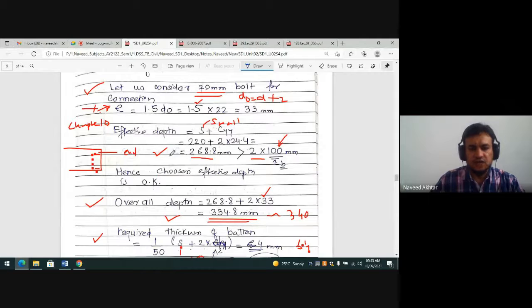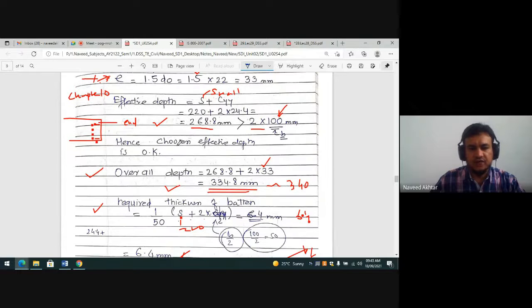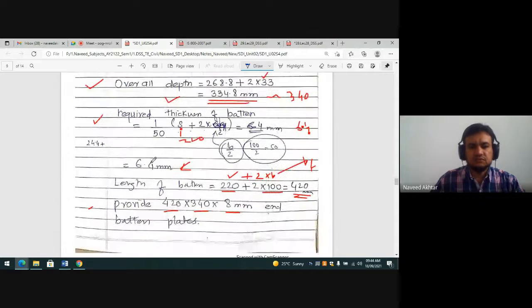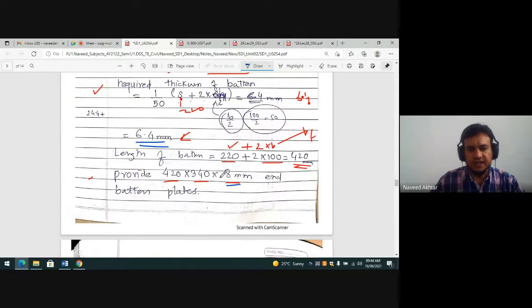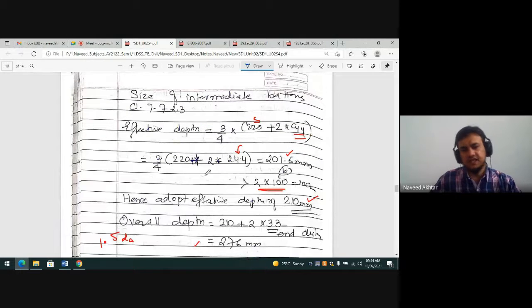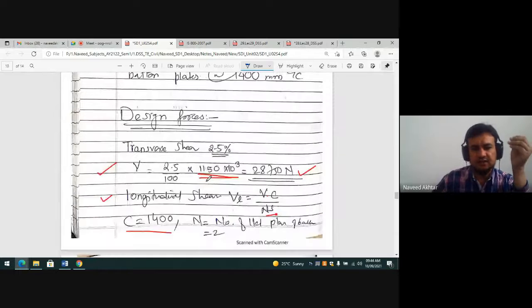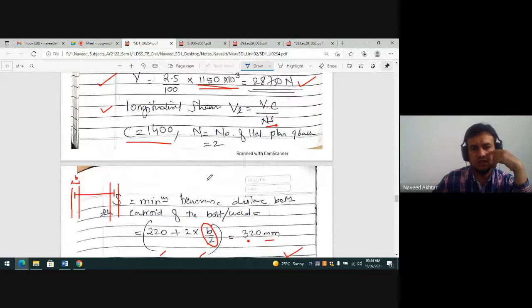And effective depth of batten you can find out, S plus Cyy, it is coming 260, it is greater than 2 times of b for check, and then decide the thickness of batten plate. The thickness is, we have decided 8 mm here. Similarly, we have to design for the end batten, and then design of forces, longitudinal shear, how to find out.